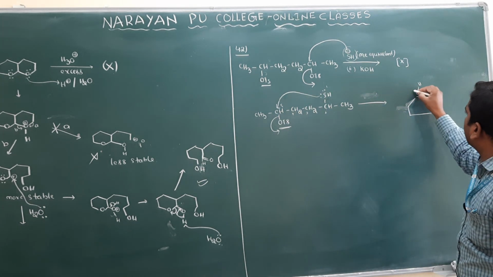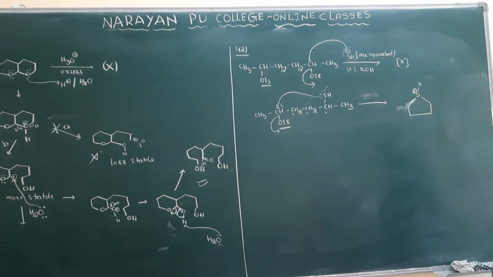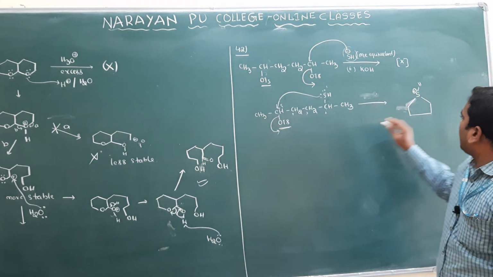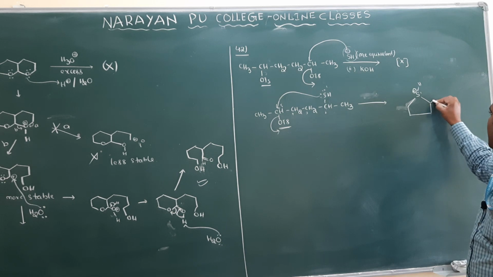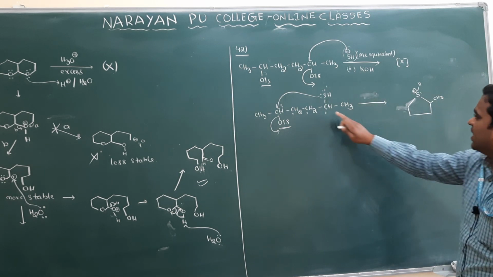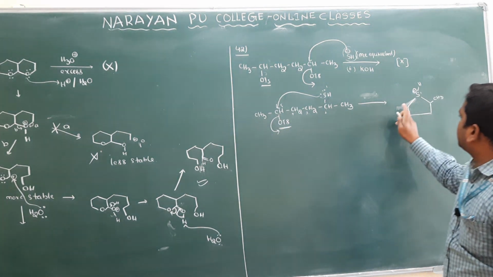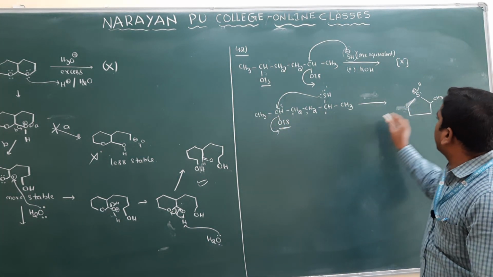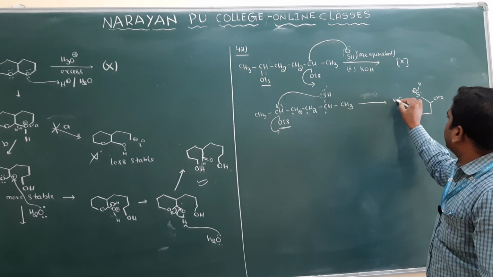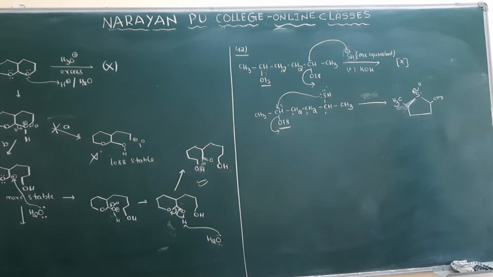Giving electrons means losing electrons, and losing electrons means positive charge. Now on the second carbon there is CH3, then CH2, then CH2, and CH, this is the 5th one, and on this CH there will be a CH3. That is the compound. Got my point?